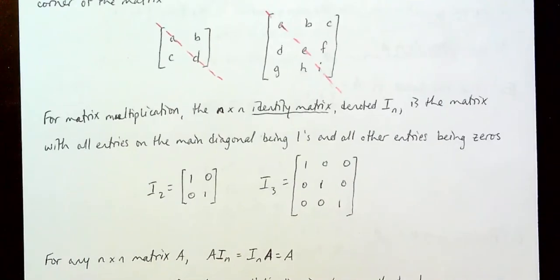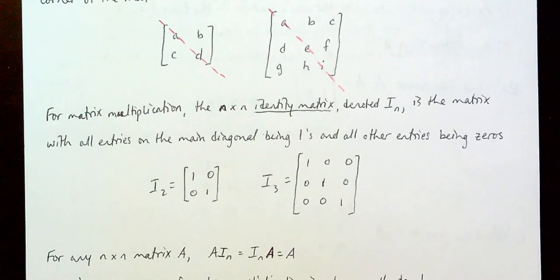For matrix multiplication, if we have a square matrix, we do have a matrix so that if you take your given matrix A and multiply it by this special matrix, you're always going to get out the matrix A that you had to start with. It's called the identity matrix, the n by n identity matrix, and we denote it by I sub n.